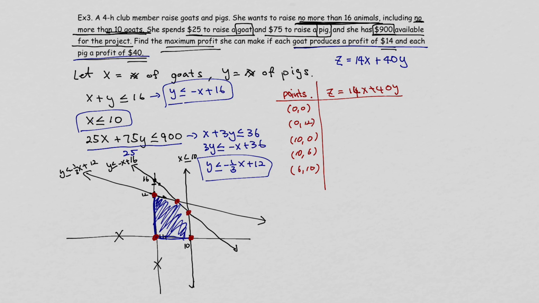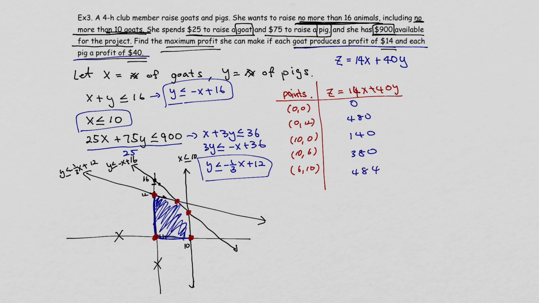And it gives you 0 value. And then you will have 40 times 12, so it will be 480. This is going to be 14 times 10, so it will be 140. 14 times 10 plus 40 times 6, you get 380. 14 times 6 plus 10 times 40, you get 484.